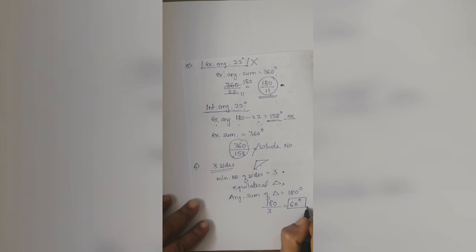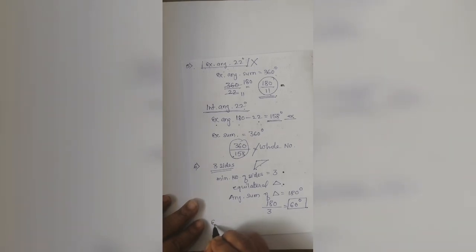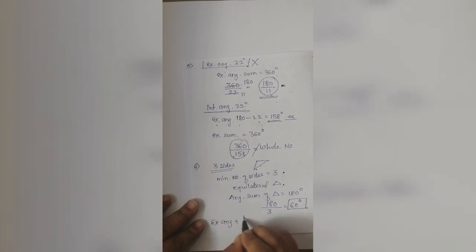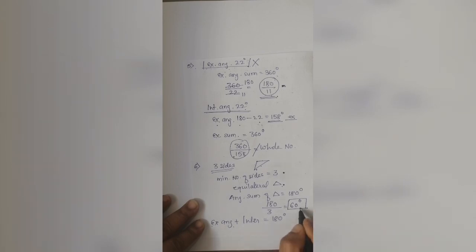Then the next question is, what is the maximum exterior angle possible for a regular polygon? If the minimum interior angle is 60, then the maximum exterior angle, as you know that exterior angle plus interior angle is equal to 180, is 180 minus 60 degrees, which is equal to 120.